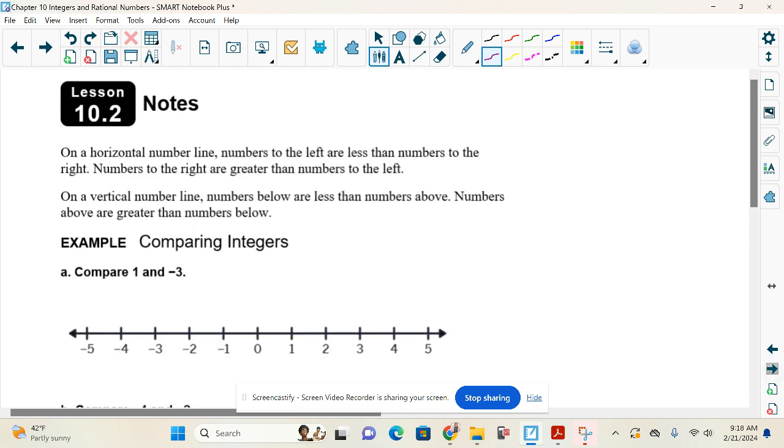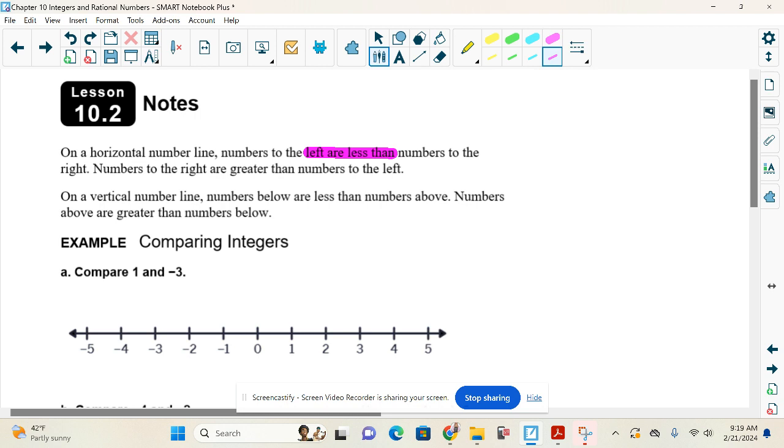So here we're going to start talking about comparing integers, knowing which one's greater than the other, and then putting them in order from least to greatest. Okay? One easy concept, if you'll memorize and understand, this is where I want you to highlight, is that on a horizontal number line, numbers to the left are less, which is what we talked about when we were talking about inequalities, that left is less.